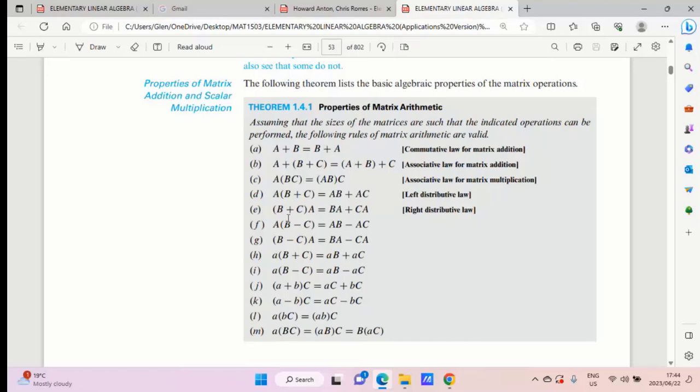So what did everyone get? Guys, what did you get for AB? The -8 is different. It's supposed to be -12.